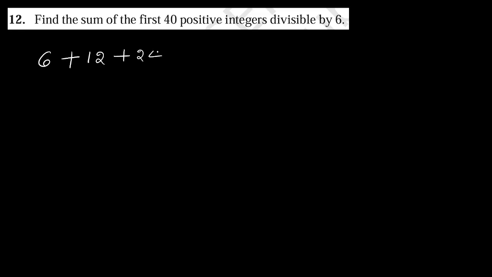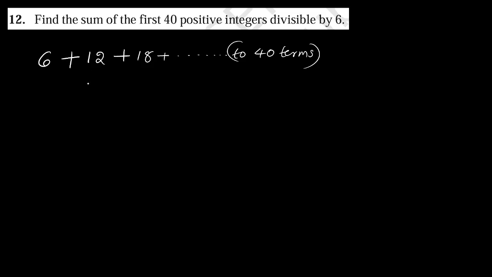The next is, sorry, not 24, 18. I mean multiples of 6, right? 40 terms to be added. It's not necessary to find the last term. We are adding 40 such terms. Clearly it is in arithmetic progression.